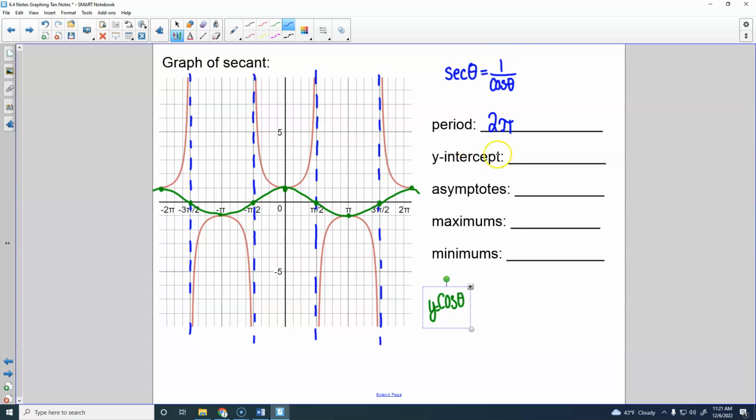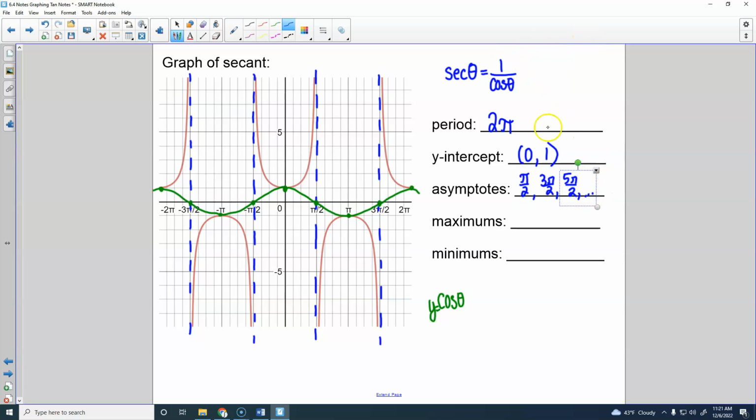You're going to have a y-intercept at (0, 1). Your asymptotes are going to be at pi over 2, 3 pi over 2, 5 pi over 2.